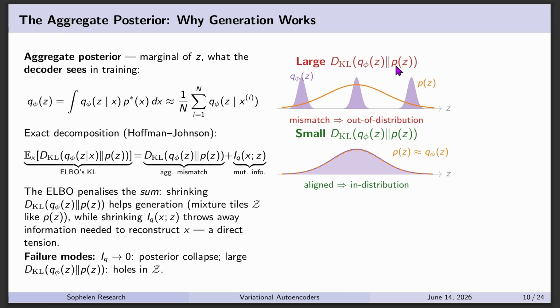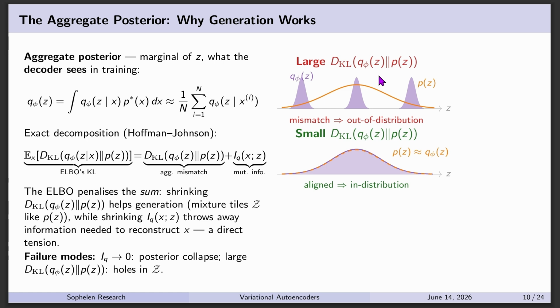So recall that P of Z is the distribution that we want over the latent space, and we're going to use that to draw a sample and construct an image in the image space. But this right here is the distribution that we train on.